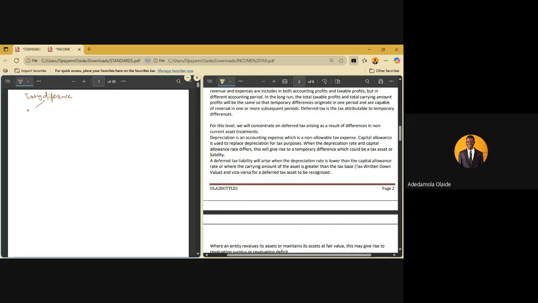And that timing difference can either be temporary or permanent. It will be temporary where accounting treats it this year, tax will treat it next year, or next 2 years or next 3 years.